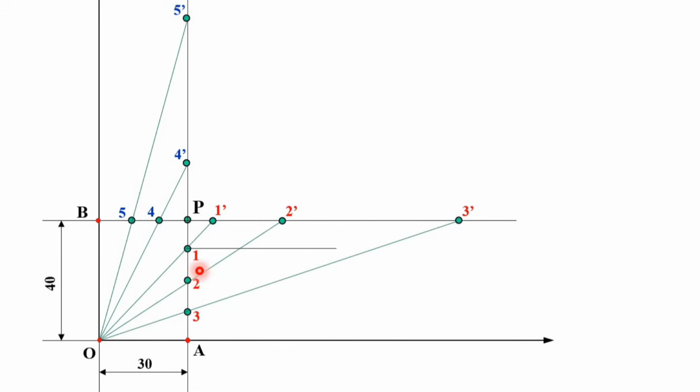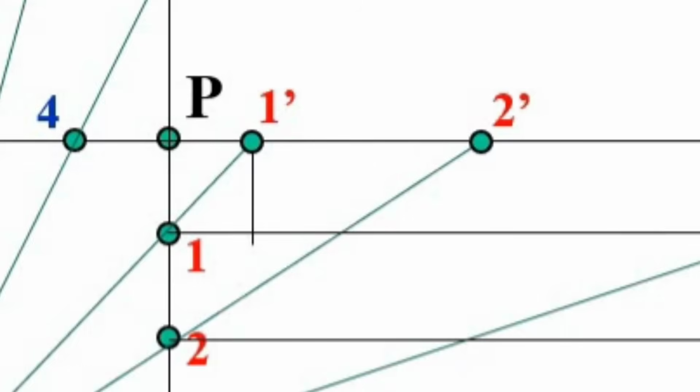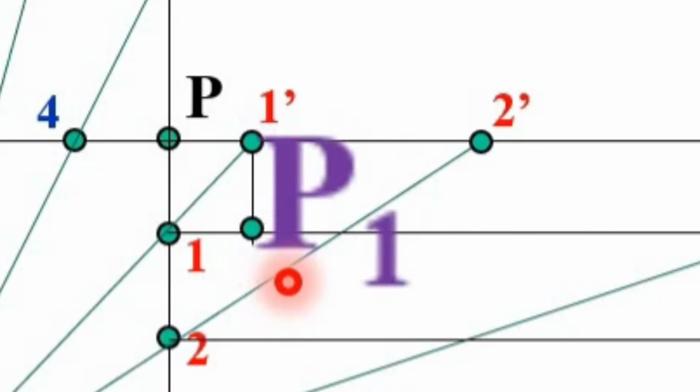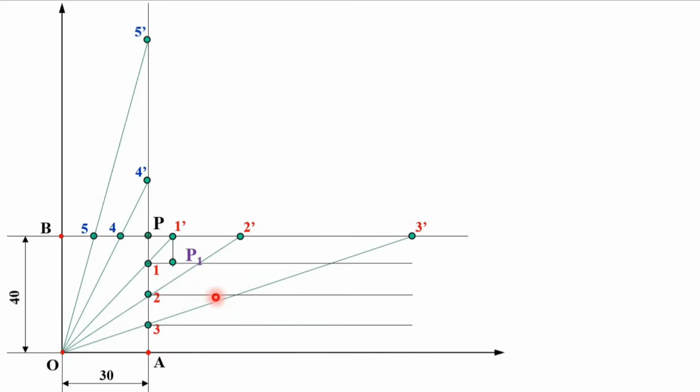Now draw the horizontal lines passing through 1, 2, 3 with the help of the ruler. Draw the vertical lines passing through 1 dash, 2 dash and 3 dash. Here you can see. Now mark the intersection point of the horizontal line passing through 1 and the vertical line passing through 1 dash. Mark it as P1.